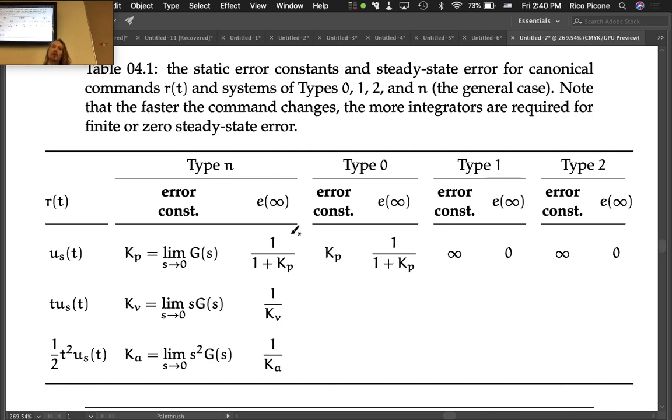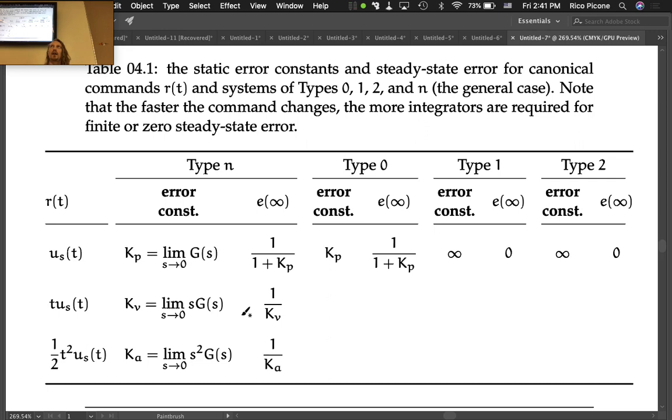This is the general formula. So if you have any system, type n, you can go to this table and look for a unit step, a unit ramp, a unit parabola, what the steady state error is going to be based on this column.